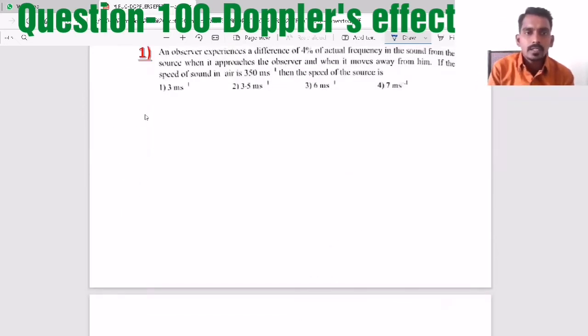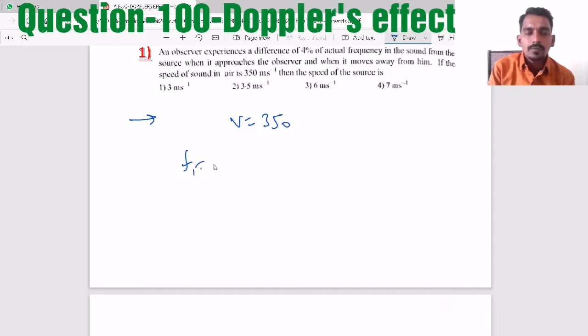An observer experiences a difference of 4% of actual frequency in the sound from the source when it approaches the observer and when it moves away from him. If the speed of air V is 350.